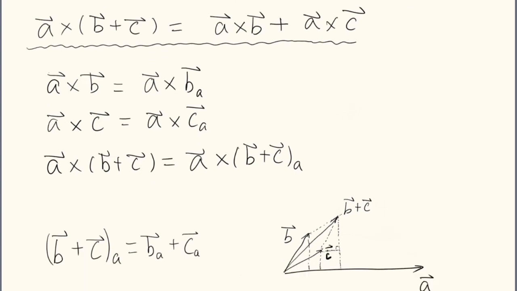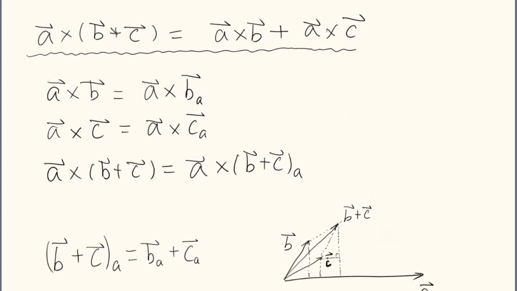The left part, vector B plus vector C, is equal to this one.